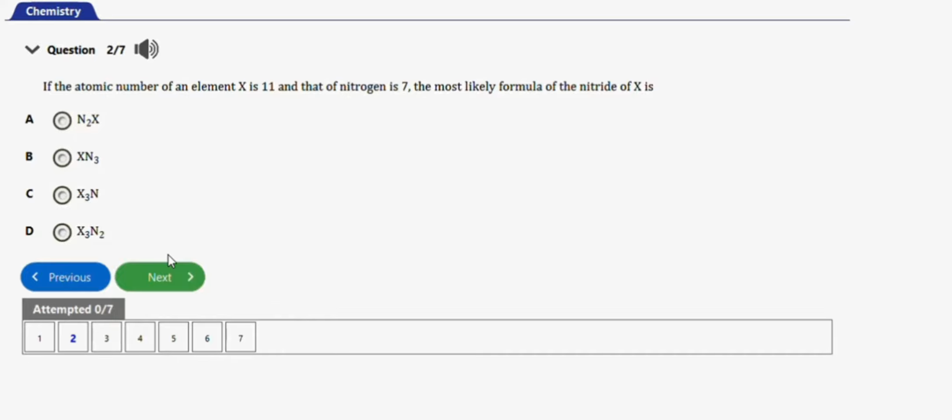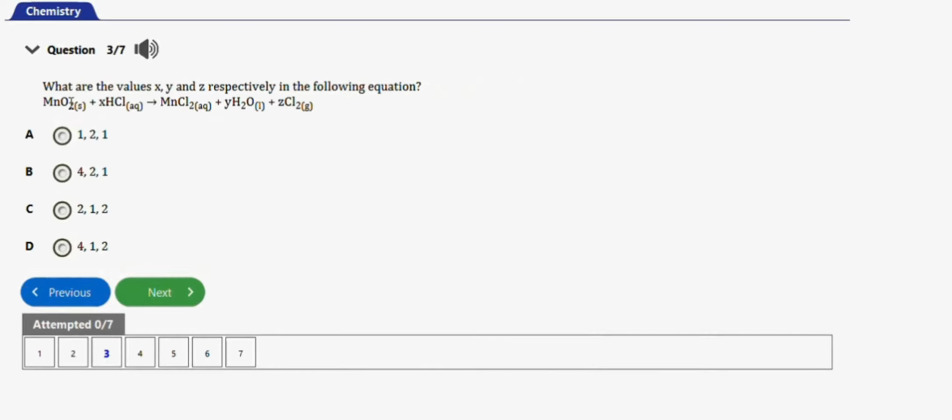The next question is this one. It says, what are the values of x, y, and z respectively in the following equation? So it's just the same thing. Let's balance it here. Manganese is 1, manganese is 1, is balanced. Oxygen is 2 here, oxygen is 1.